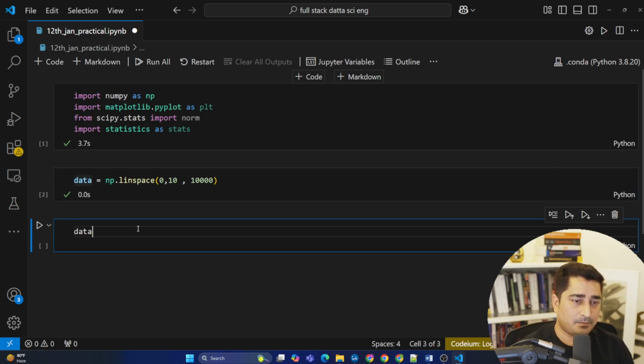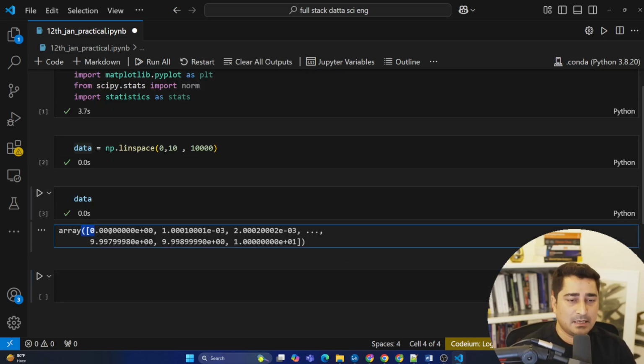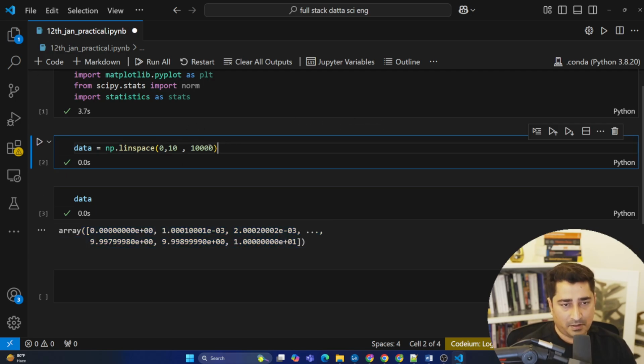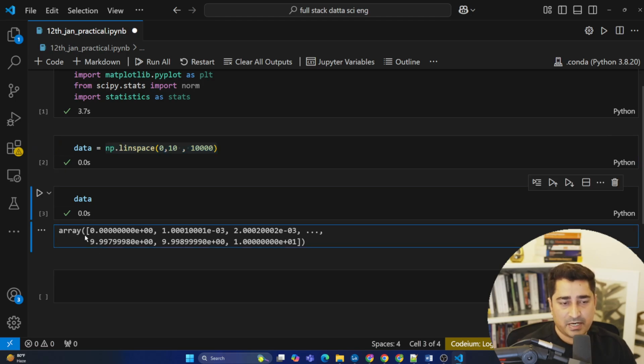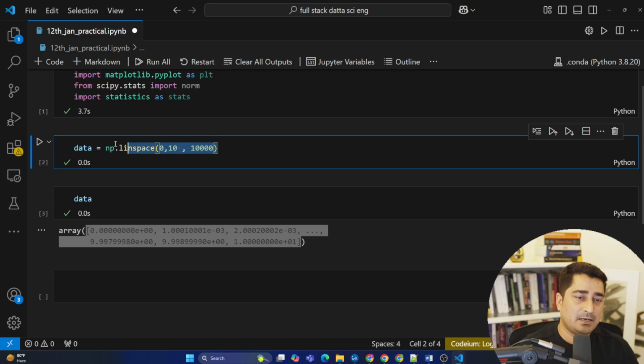Now data is an array, and it is holding 10,000 data points for me. One by one, you can try to extract a data point and check. I think we all know how to extract data one by one. So this is the data that it is going to generate for this particular code. Now what do I have to do with this data?